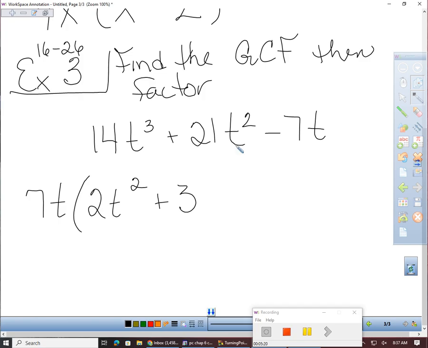If I take a t out of t squared, I have 1 t left, minus, now if I take a 7 out, I take a t out, what is left behind, you think? A 1. That magical 1 will always be left behind. That way, if I were to distribute it back in, I should be back to here.